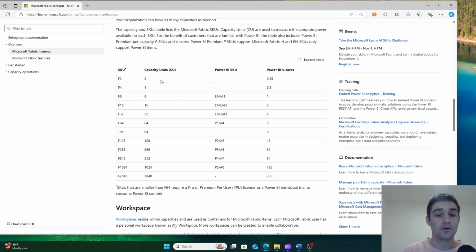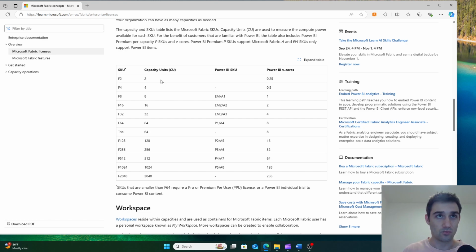Microsoft also allows for you to do this thing called bursting, which is if you have a bunch of stuff trying to run all at once, you can essentially consume up to 3x the vCores associated with the capacity, so you can run jobs at the same time, but a single job or data warehousing job cannot consume the 3x.